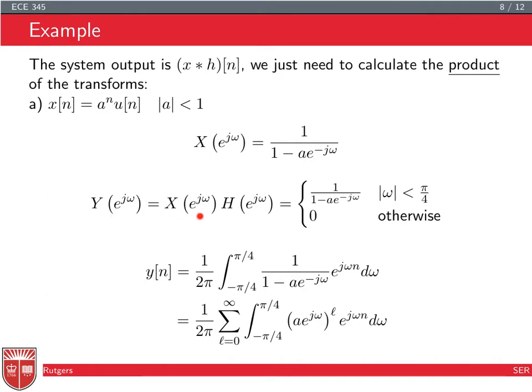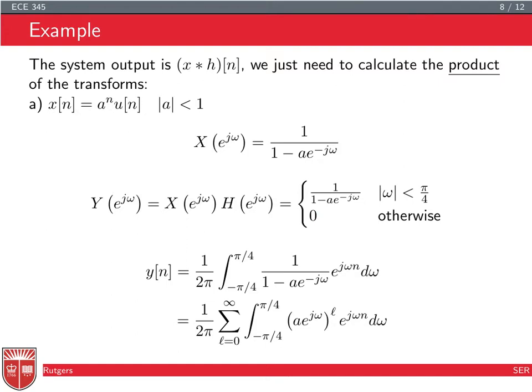So it's going to be X of e^{jω} times H of e^{jω}. So like I said, you're going to pick up whatever is in the interval between minus π/4 and plus π/4, and it's going to be 0 otherwise.